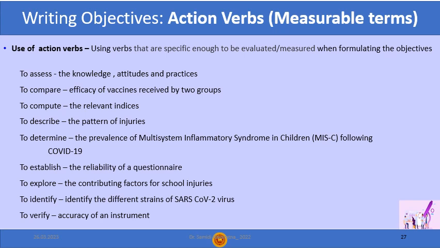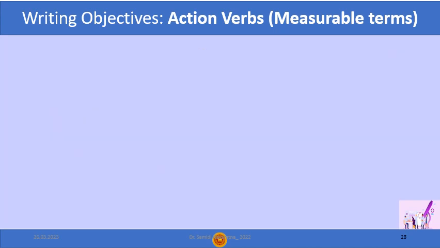To establish the reliability of a questionnaire, to explore the contributing factors for school injuries, to identify different strains of SARS-CoV-2 virus, to verify accuracy of an instrument. So these are some examples for this particular action verb.